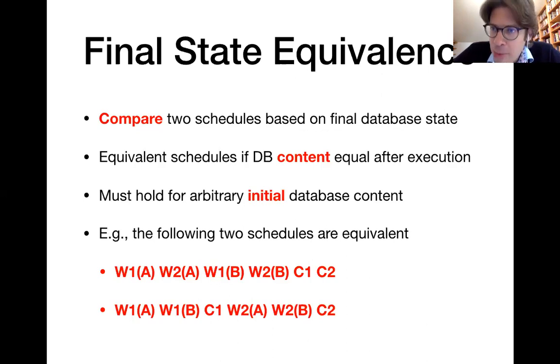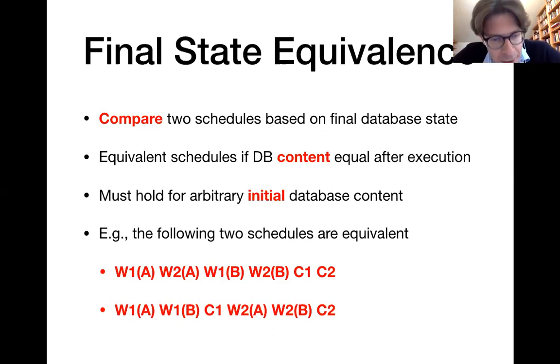Then we have a write operation by transaction 1 to object B, followed by a write by transaction 2 to object B. So also for B, the final value will be written by transaction 2. And finally, both of those transactions commit.